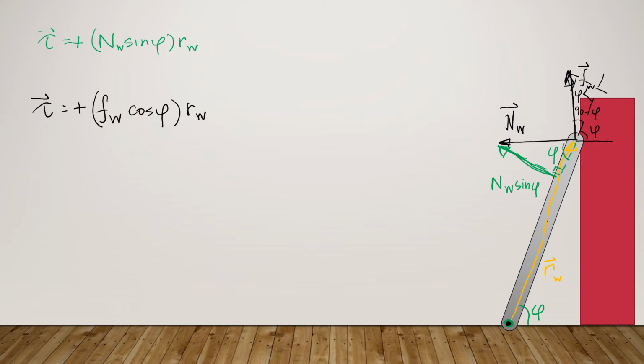Third and final force is acting down, and so that would be the weight. I want to make a right triangle where the hypotenuse is the weight. And so I see that if this is phi, then this angle is 90 minus phi.